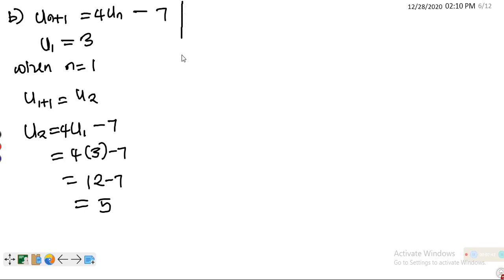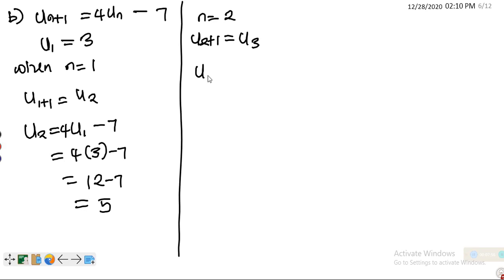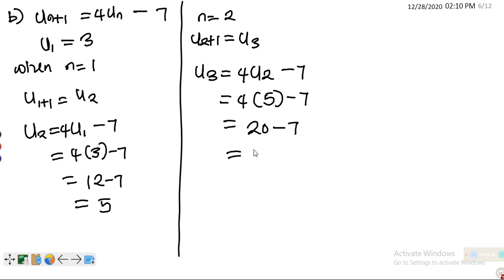Now following the same pattern, when n equals 2, we have u2 plus 1, which is u3. So u3 equals 4u2 minus 7, which is 4 times 5 minus 7, which is 20 minus 7, which is 13. So therefore the first 3 terms of the sequence are 3, 5, 13.